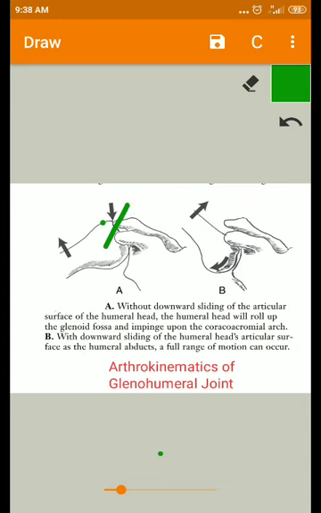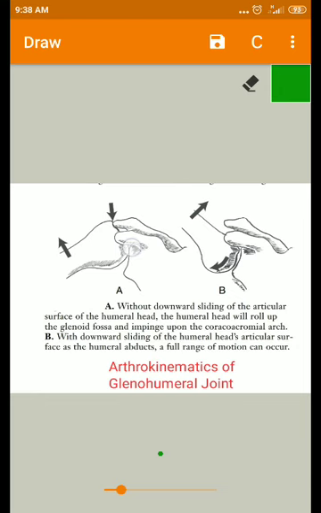In the case of the acceleration phase, that means if you are throwing a ball and abducting your arm backwards, okay, and you are throwing that ball, that is called the acceleration phase of the throw, and it is accompanied by an anterior glide of the head on the fossa.